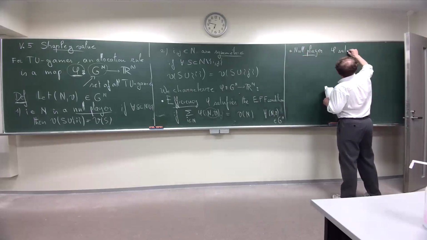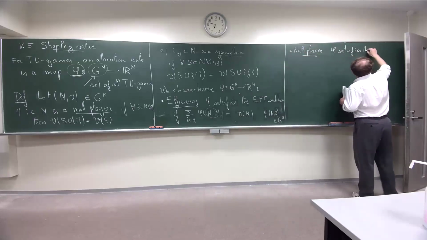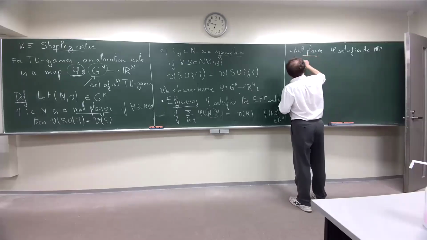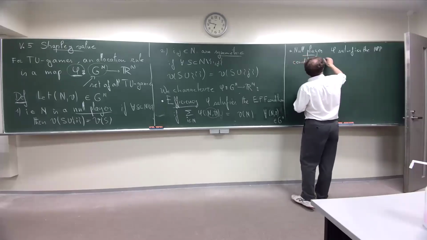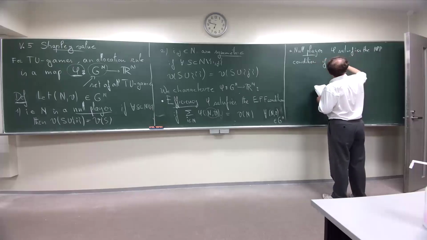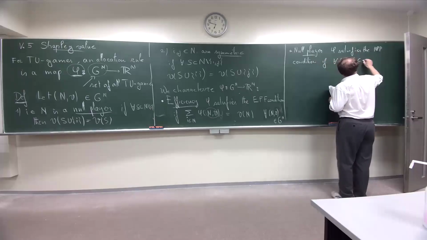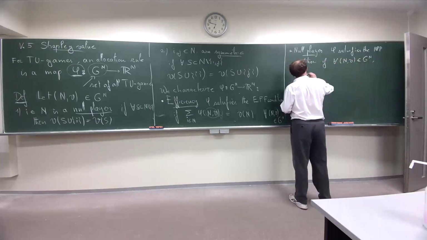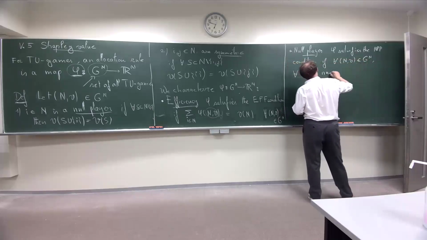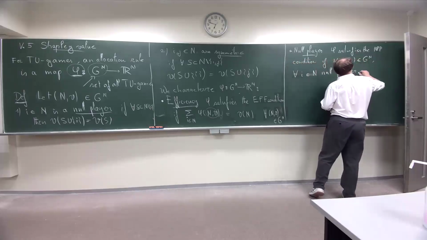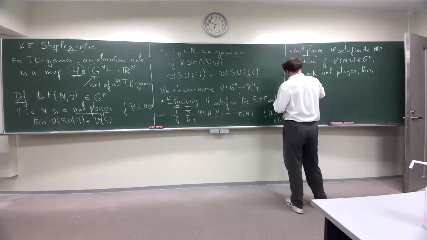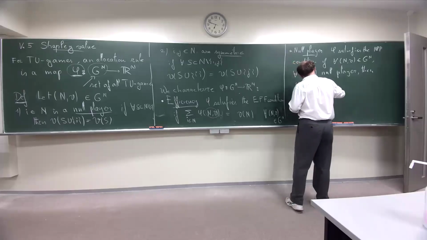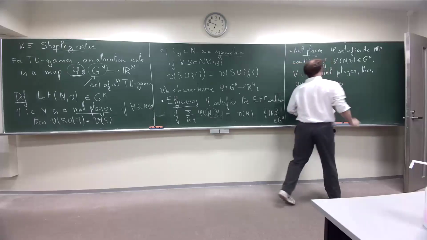Phi satisfies the NPP condition if whenever we have a TU game (N,v) and for any i a null player, then phi of (N,v) entry i is 0.